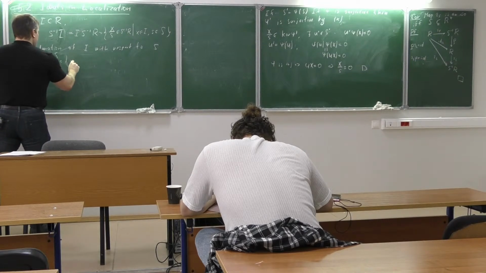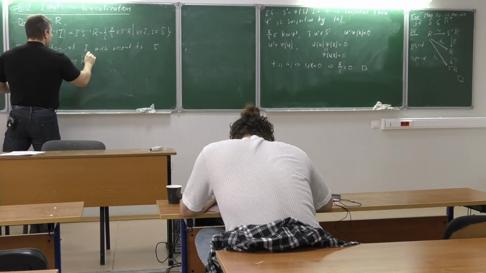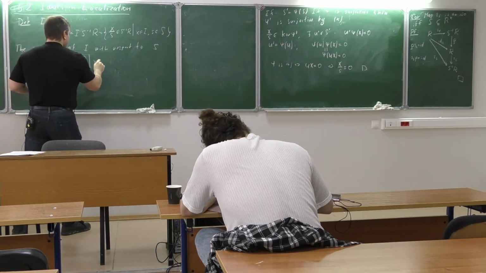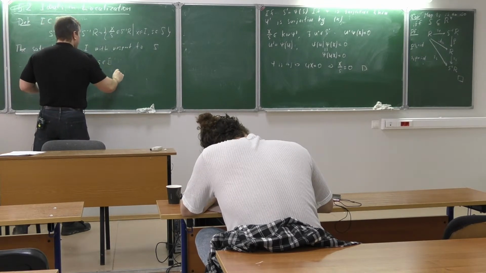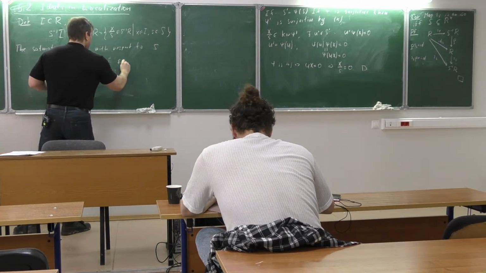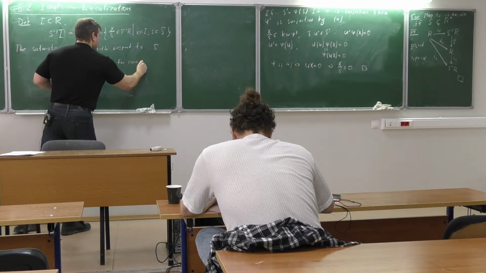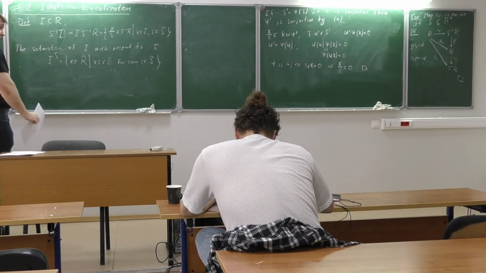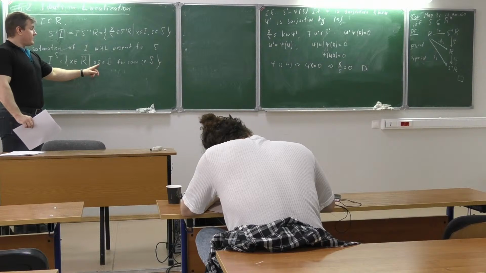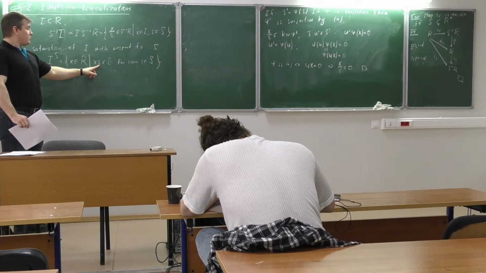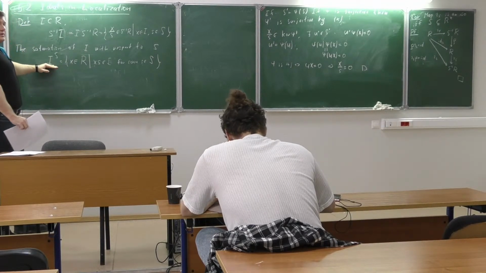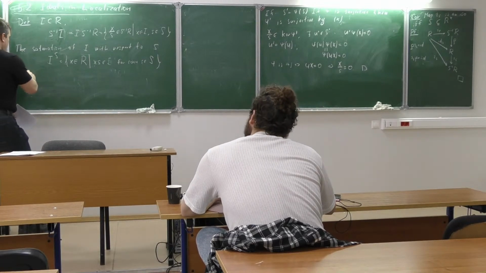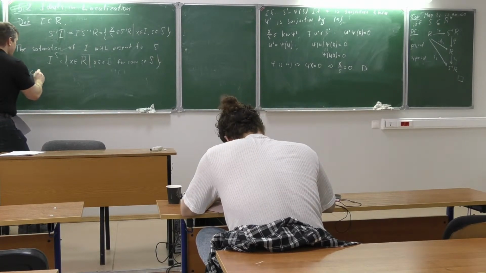This is the set of all elements x in the ring R such that xs is an element in the ideal I for some s in the multiplicative set S. So clearly, because we have 1 in the set S, any element in the ideal will be here. So in general, I is contained in I^S.